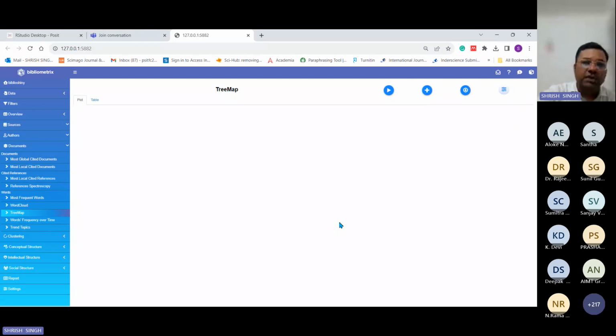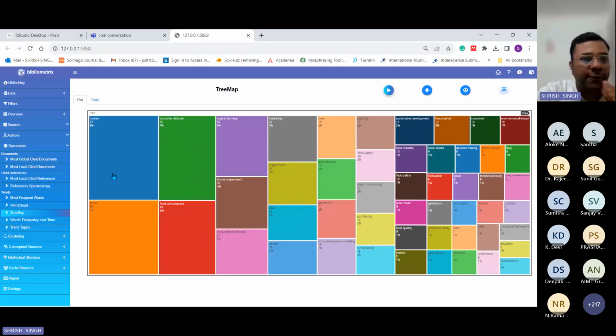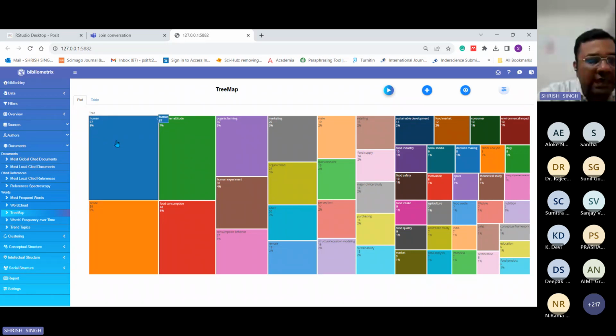If you find this tree map more interesting, you can put the tree map there. Again, it is the same information: human 67, consumer behavior, consumer attitude 55 times. The same thing which we saw in the word cloud is now represented in this tree map, right?